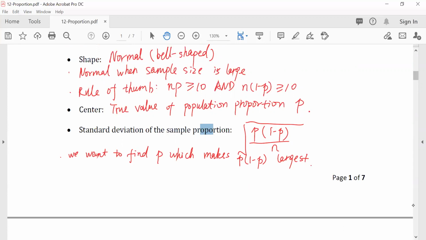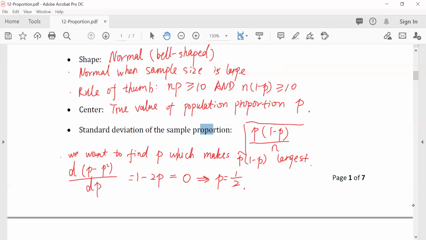If you take the derivative of it, p minus p squared, dp, this is 1 minus 2p. We set it to 0, and we will have p equals 1/2. This is when it is largest. So when p equals 1/2, the standard deviation of the sample proportion will be largest.